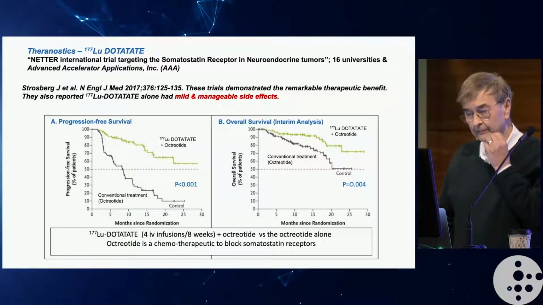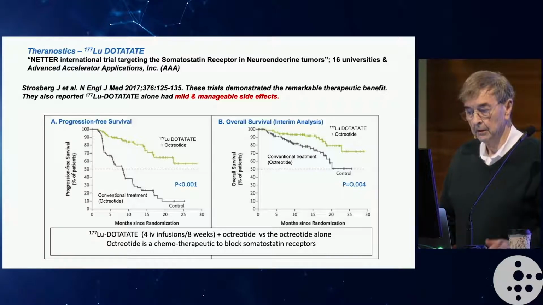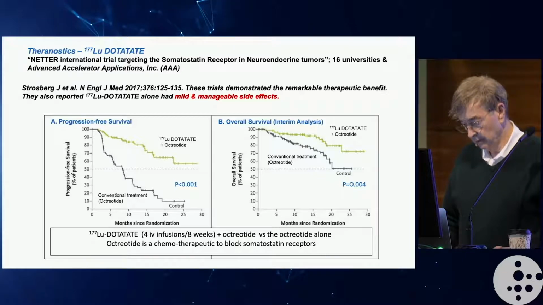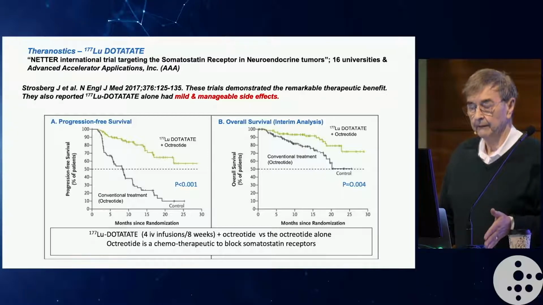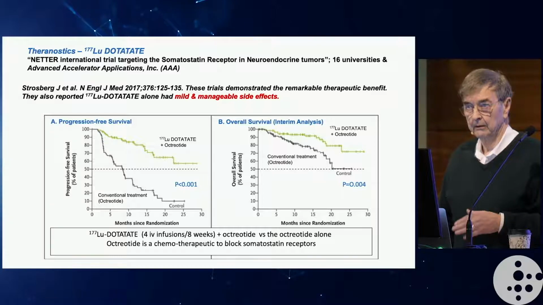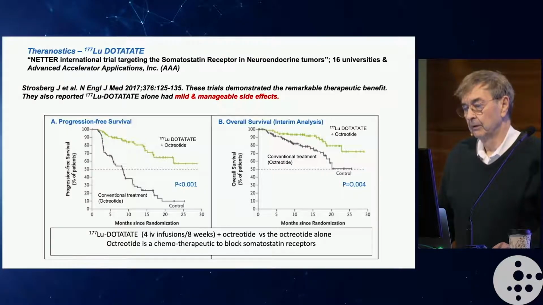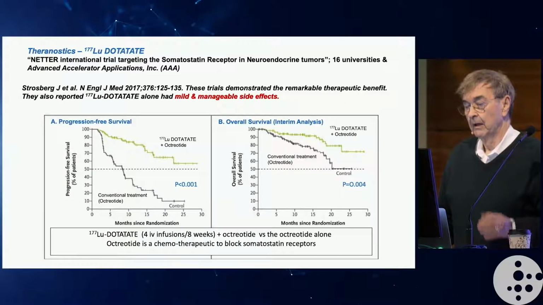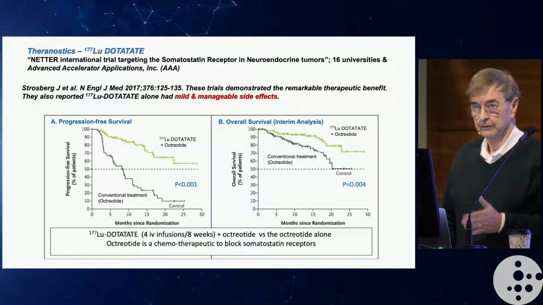You can see the impressive results in terms of progression-free survival and overall survival. And also in the New England Journal of Medicine paper, they kind of parenthetically said that the side effects were mild and manageable. Now, that is not a trivial issue. And with all of the Theranostics so far that I'll go through, the side effects in all of them are mild and manageable, and I'll show you why.